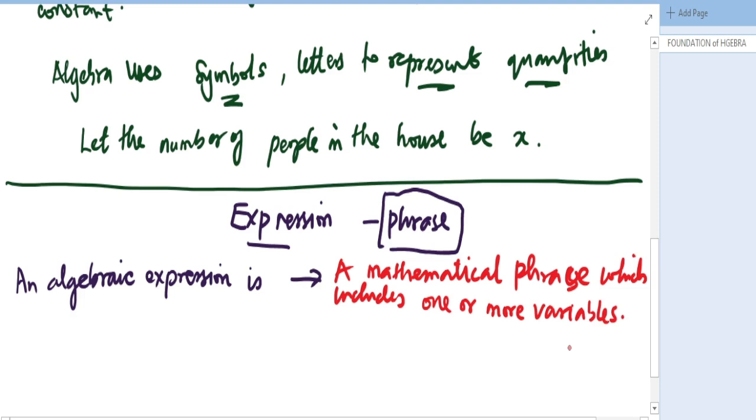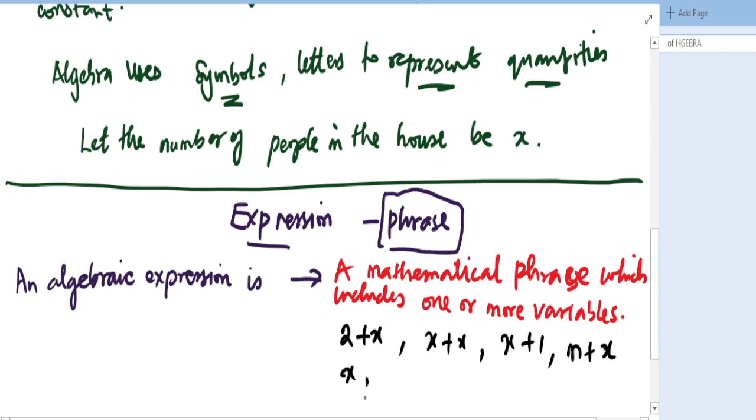Meaning that we're going to have either one letter in the expression or more than one letter in the expression. Take for example 2 plus x, this is an expression. In fact, x plus x is an expression. x plus 1 is an expression. m plus x is an expression.